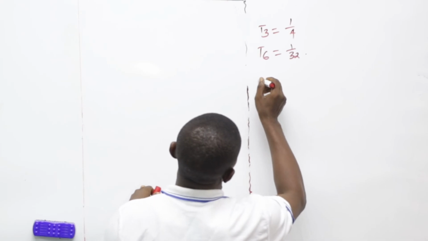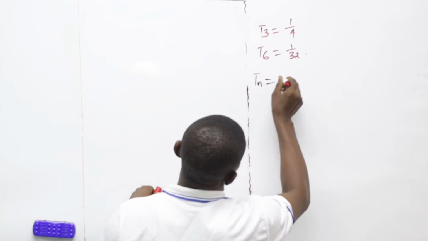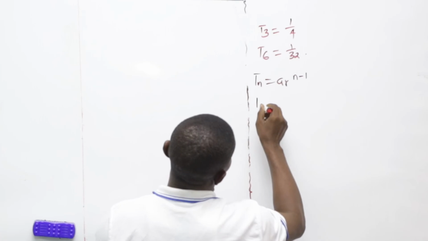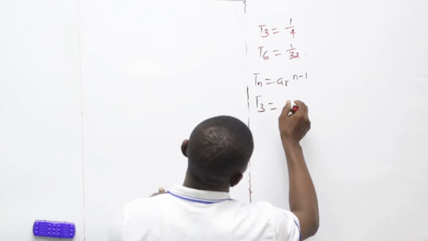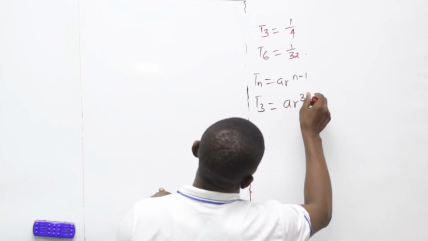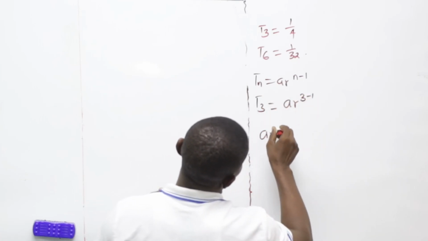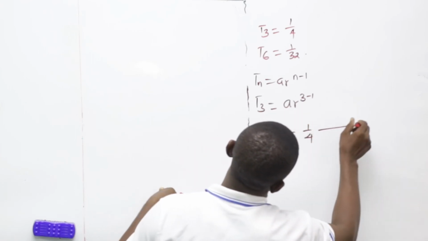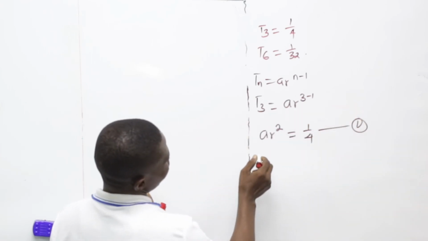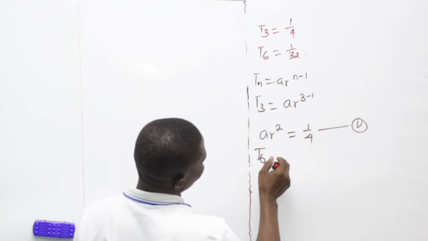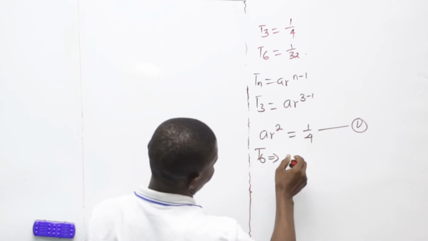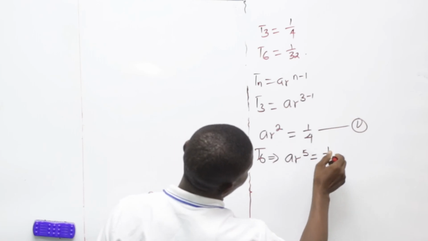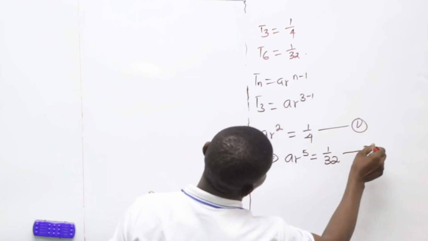So, Tn, general formula, equals AR raised to power n minus 1. So that T3 will be equal to AR raised to power 3 minus 1. AR square equals 1 over 4, equation 1. So that T6 will imply that AR power 5 equals 1 over 32, equation 2.